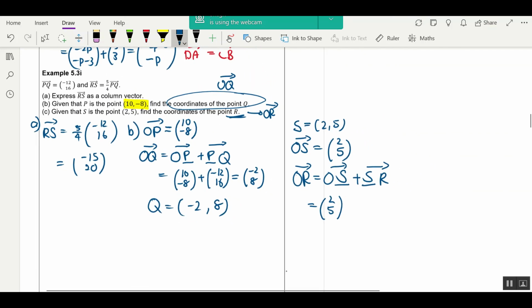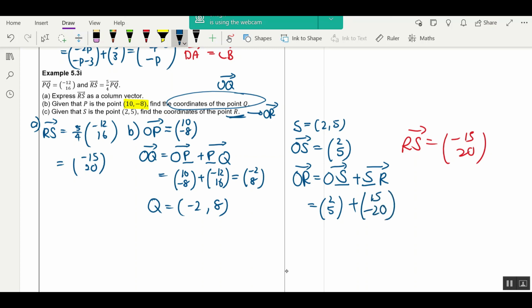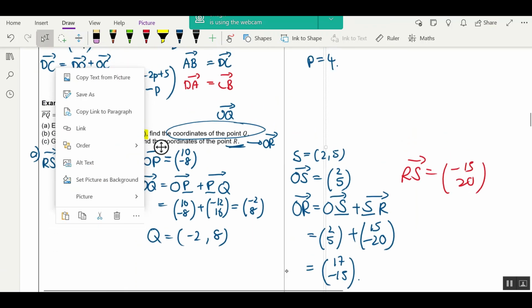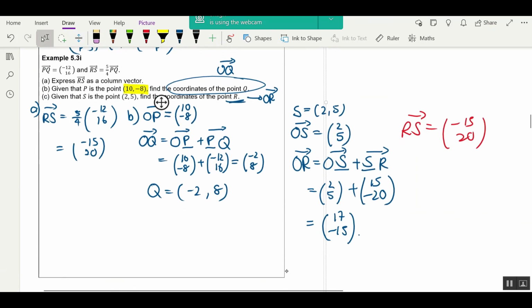No, I do not have SR. But I have RS, which is equal to negative 15, 20. So SR would be 15, negative 20. So the tricky part about vector is when you change the direction and you change the negative sign, be careful. Some of you may get careless around here. So R is 17 and negative 15.